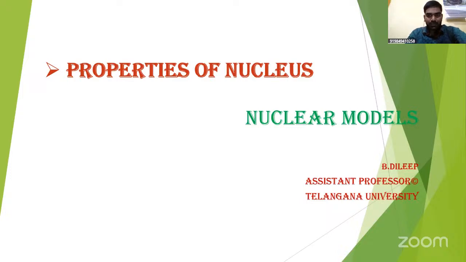A proton is positively charged, you know that, and a neutron is neutral. It carries no charge. The charge of the proton will be 1.6 into 10 power minus 19 coulombs, whereas the mass is 1.672 into 10 power minus 27 kg.